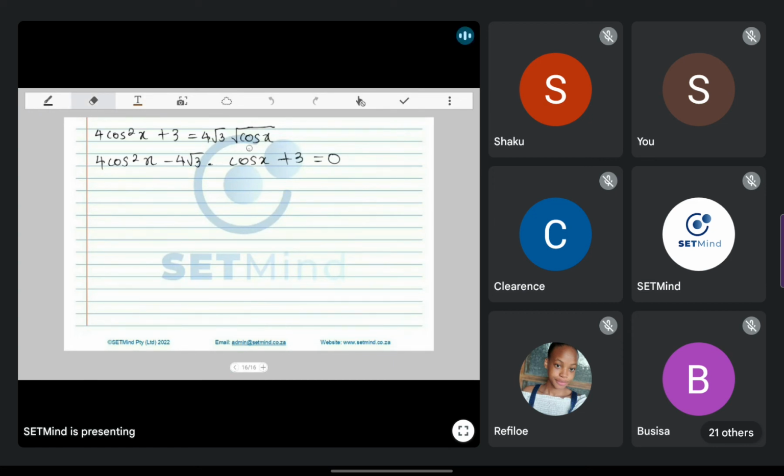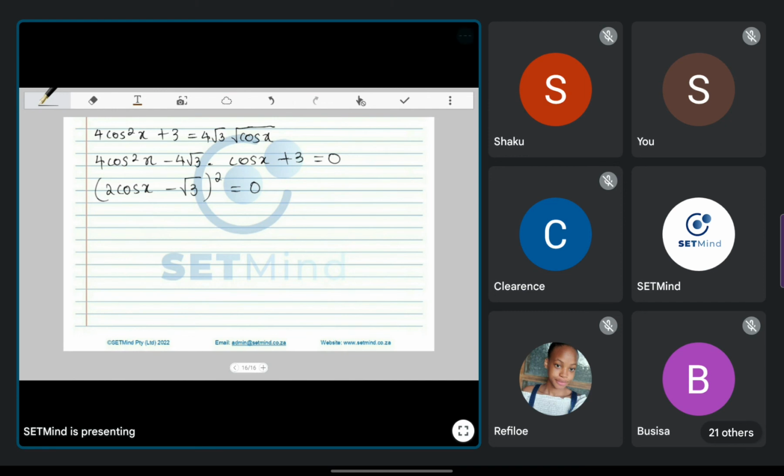So remove the square root under the cos. This becomes exactly what I was saying, which is 2 cos x minus the square root of 3. So the person who sent us the question sent us a wrong question, and we were going up and down for a question that's wrong.